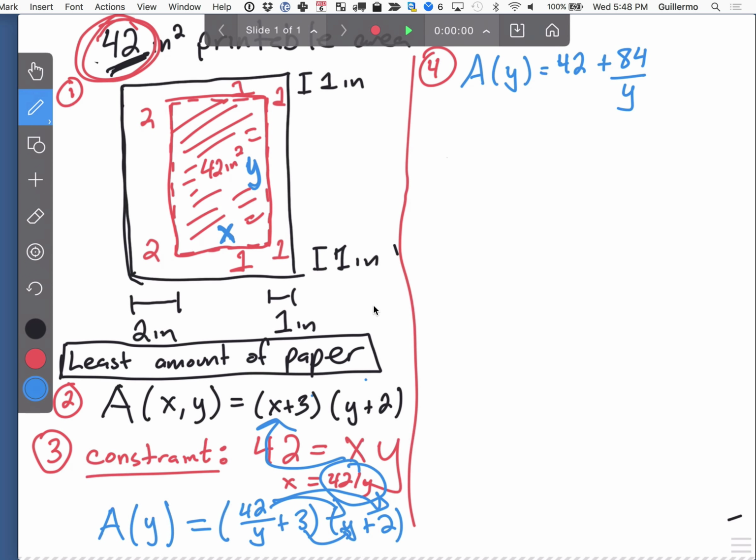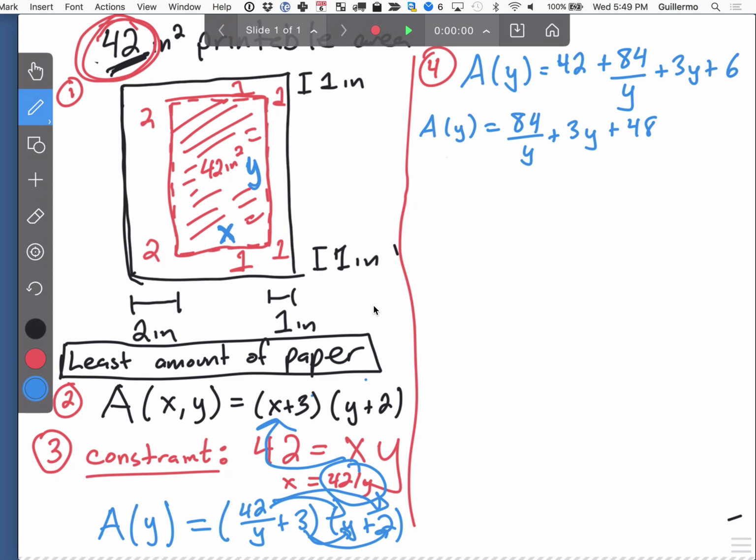And then plus 3y plus 6. It'll be a little bit easier to get the derivative that way. You don't have to, but yeah. Okay, so 84 over y plus 3y and then plus 48, right? Okay, so any questions up to now?